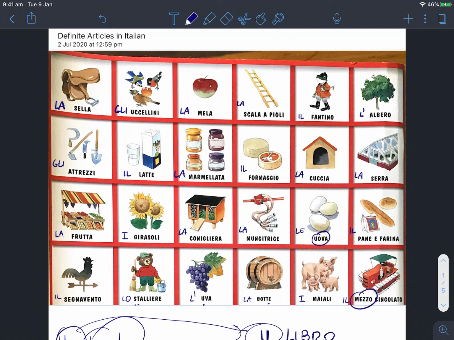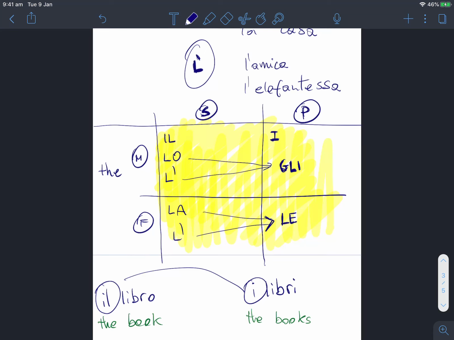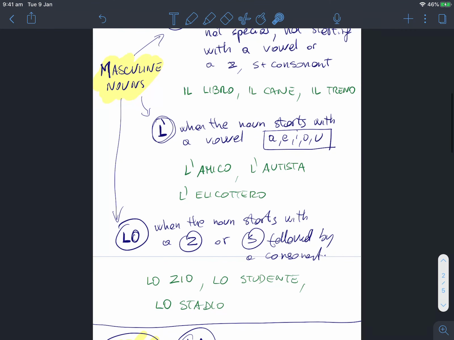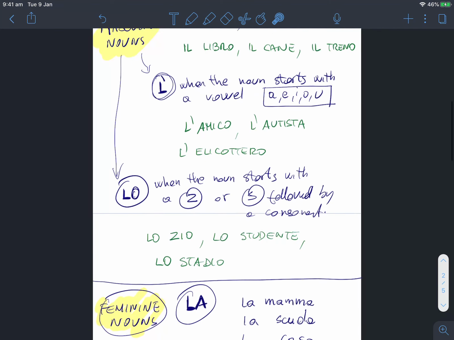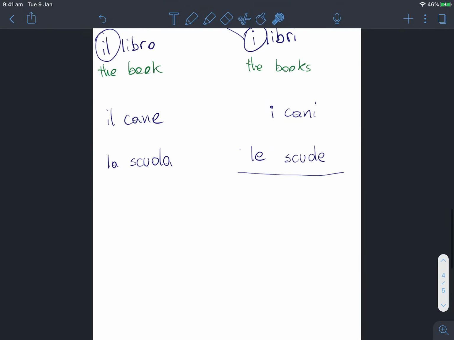Alright? So I know it's a bit tricky, articles, and we're going to do more work, but if you have understood this video and understood this table: il when it's masculine, lo when it's masculine but it starts with an S followed by a consonant or a Z, like zio, and then l' if it starts with a vowel, and then you have in the plural i and gli, and then for feminine la, l' when it starts with a vowel, and le in the plural, like le scuole.